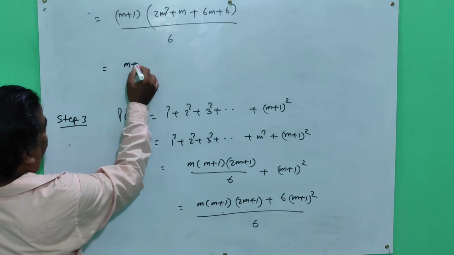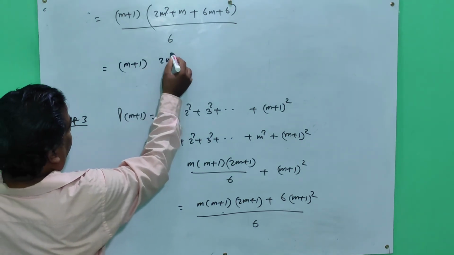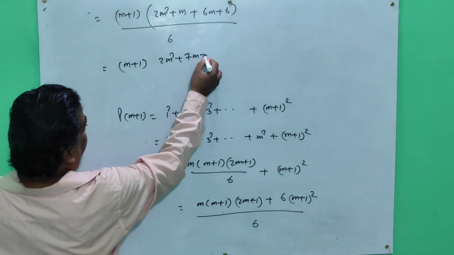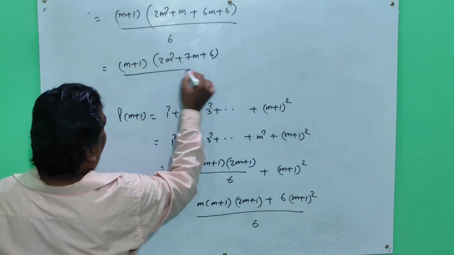That is equal to (m+1) into (2m square plus 7m plus 6) by 6.